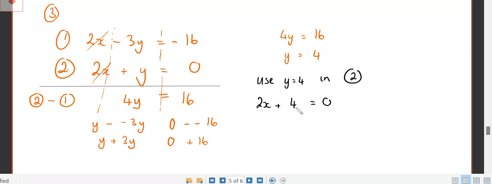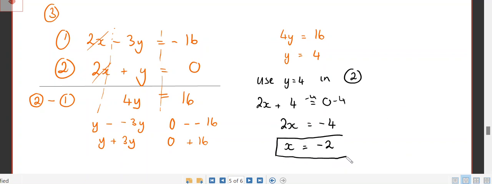You have to subtract 4 from each side. Leaves me with 2x equals negative 4, which means 1x must equal negative 2. So I think that's my x value. I think that's my y value. Right, I used the y that I found in equation number 2.